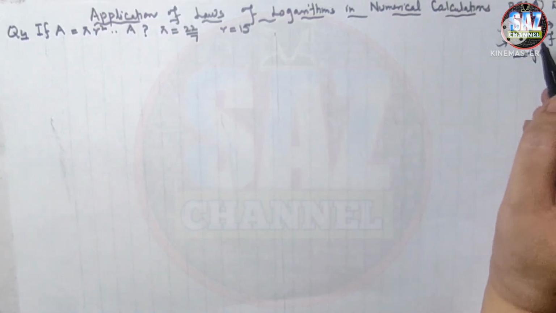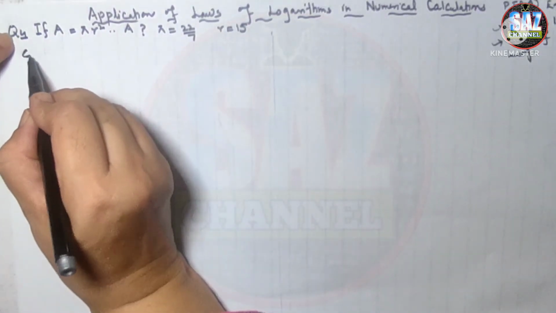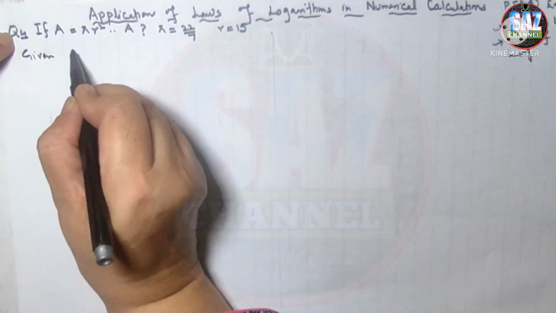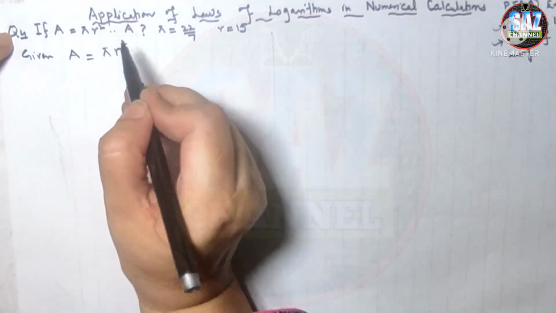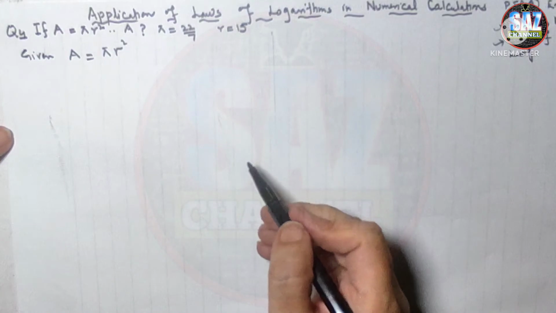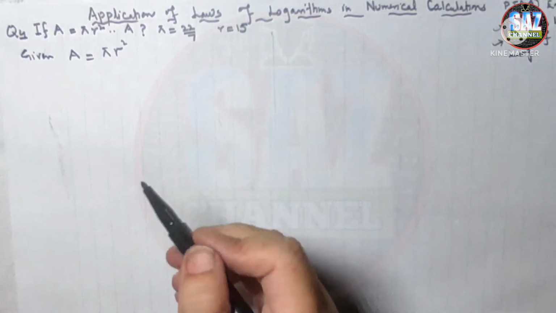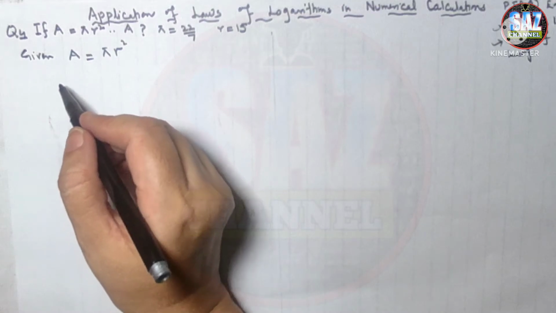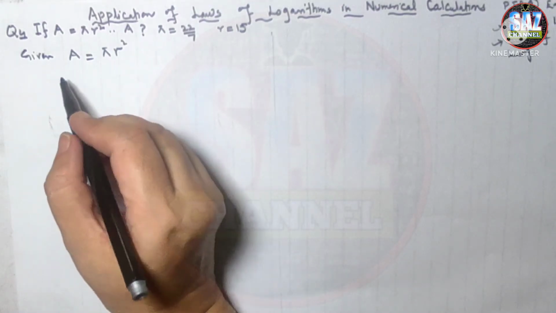Moving to the question, question is A equals pi r square. Given is that A equals pi and r square. Now we have to find the value of A. For that purpose, it is your choice. Either you can replace the values first, or you can apply the laws first.